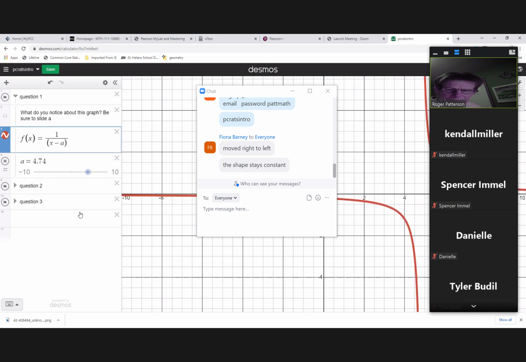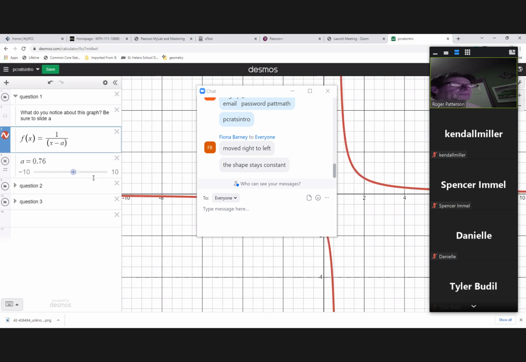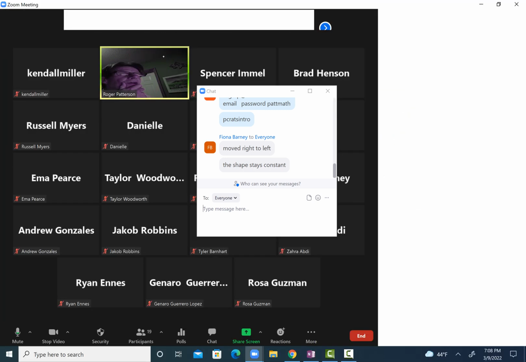Where's that happening? Around A. Around A, right? Right around A, that's the A that's on the bottom here. So we're getting this discontinuous curve at this value of A. Okay, cool. All right, so I'm going to stop sharing again.